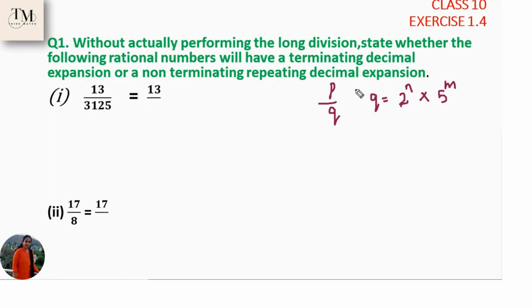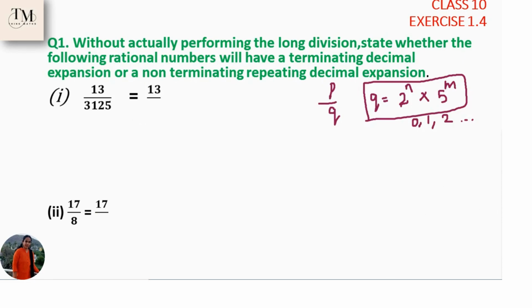In reverse also, if the decimal expansion terminates, then q will be of the form 2 power n into 5 power m, where n and m are non-negative integers, that is, they take the values 0, 1, 2, etc. If q is not of this form, then the decimal expansion will be non-terminating repeating. So we have to use this theorem to solve these problems.